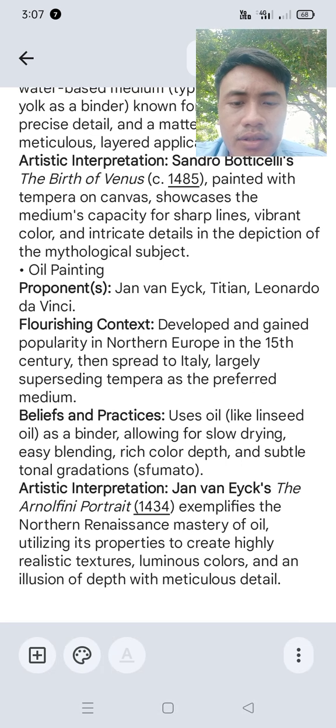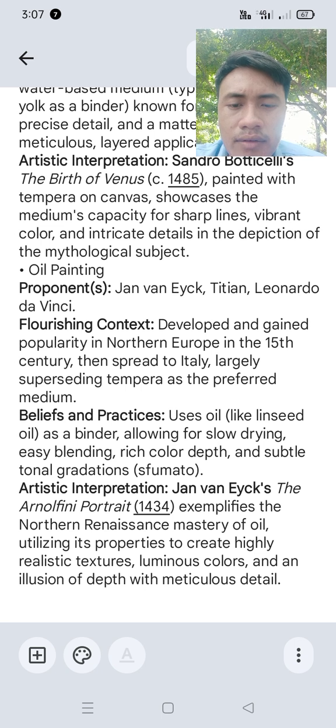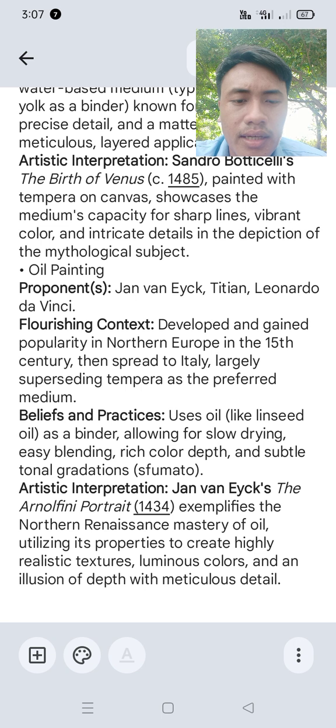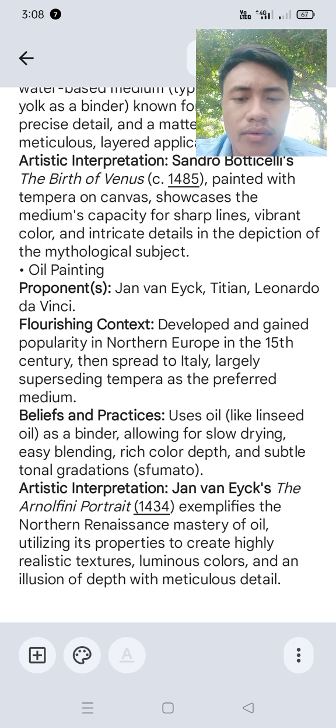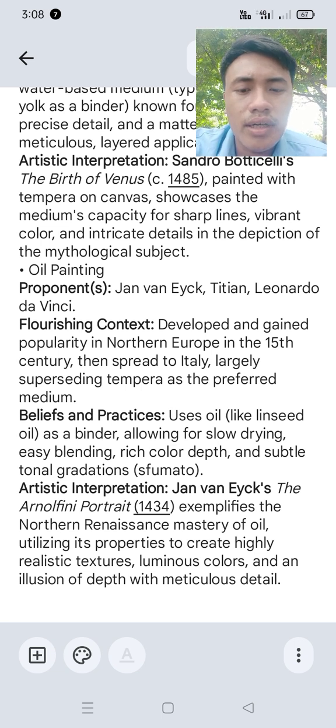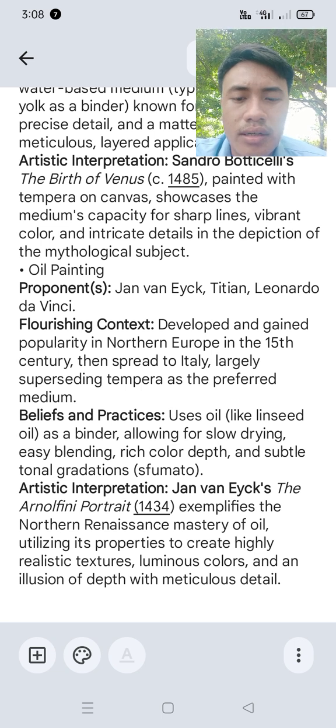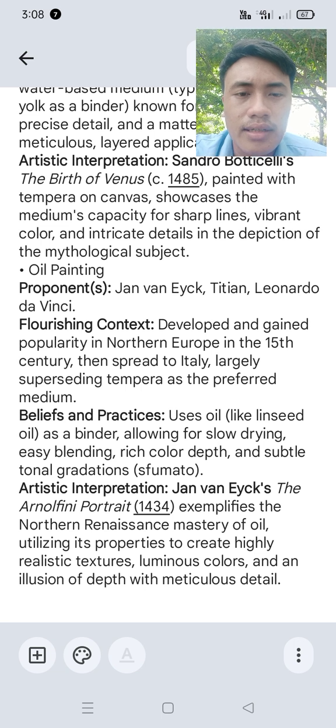Artistic interpretation: Jan van Eyck's The Arnolfini Portrait, 1434, exemplifies the Northern Renaissance mastery of oil, utilizing its properties to create highly realistic texture, luminous colors, and an illusion of depth with meticulous detail.